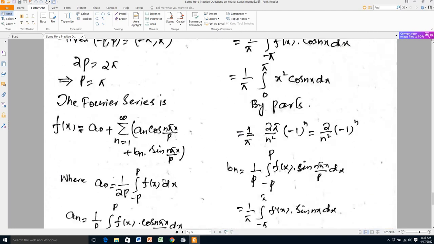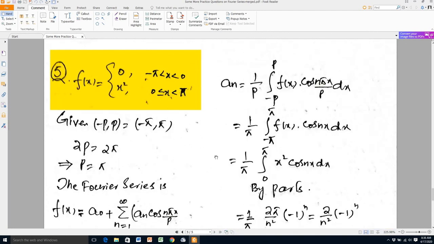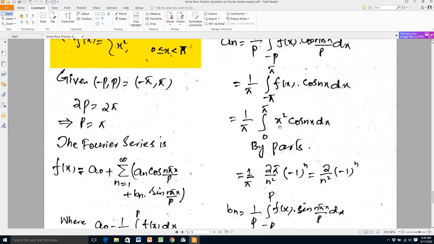Similarly, when we move towards a n, it is again 1 over pi from minus pi to pi f of x cos nx dx. Again I am splitting the interval and taking the part which is not 0, from 0 to pi x square cos nx. Here one is an algebraic term and the other is a trigonometric term, and we use integration by parts. How many times do we integrate this?